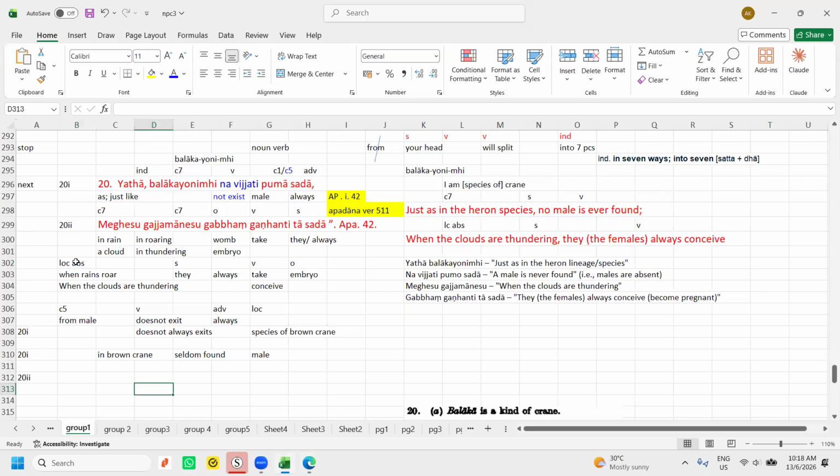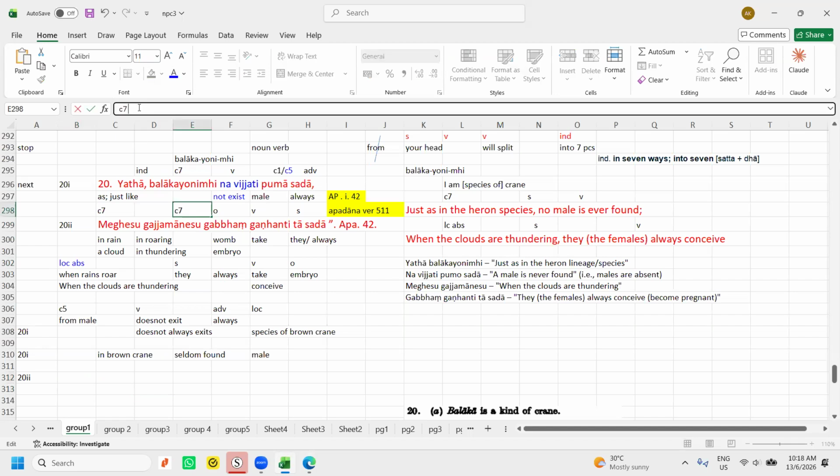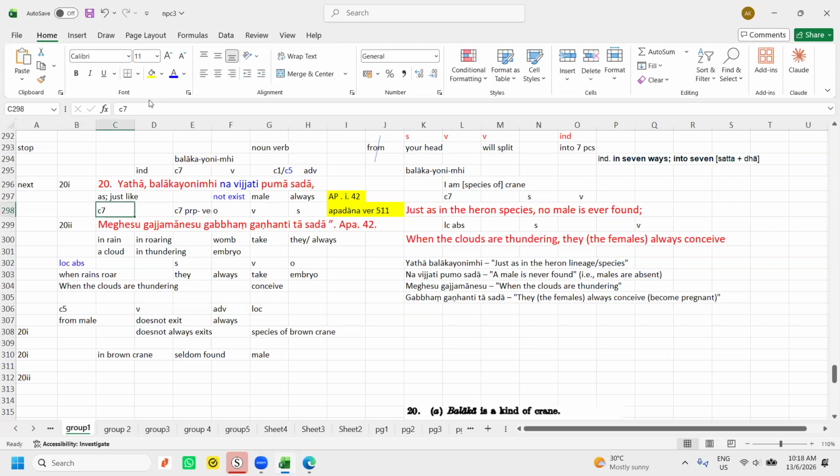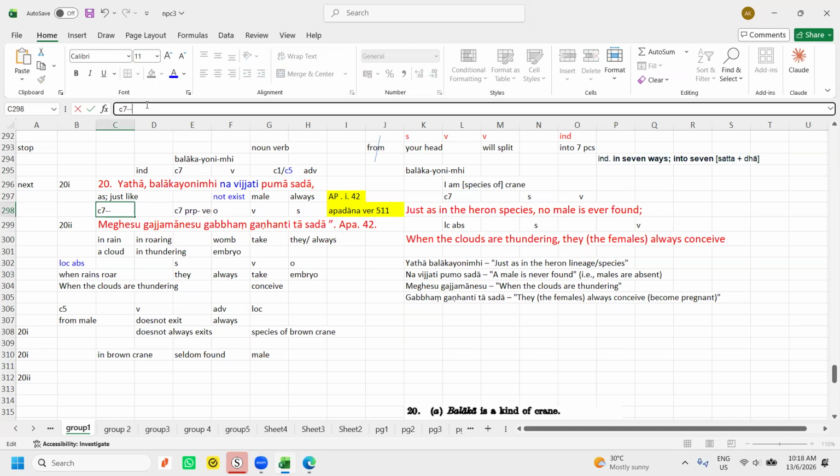If you still remember, how does a locative absolute form? So this is PRP. This one will become the verb. This one will become the subject.